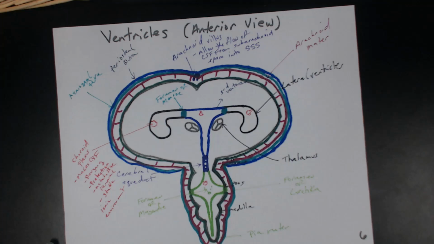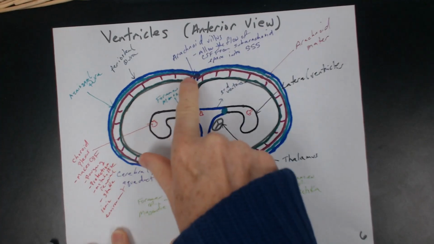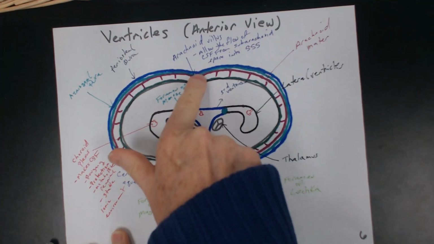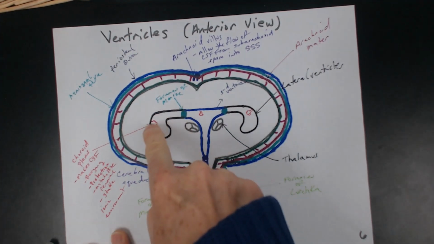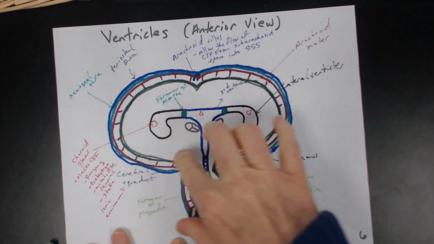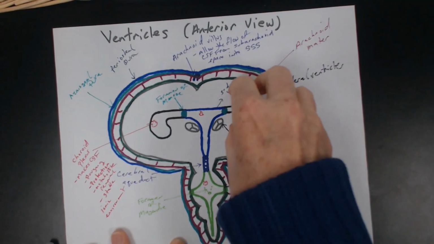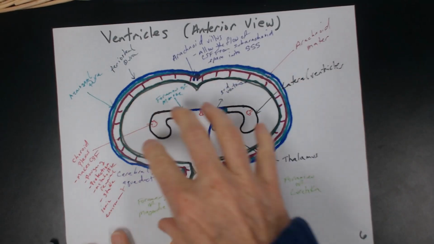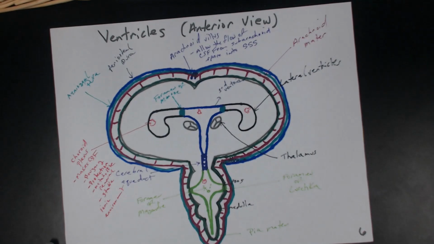Yep. And so if the flow of CSF isn't happening from the subarachnoid space into the superior sagittal sinus, these ventricles swell, right? You can imagine there's all kinds of brain structures here, and as your ventricles swell, you get problems. You start to get the symptoms.